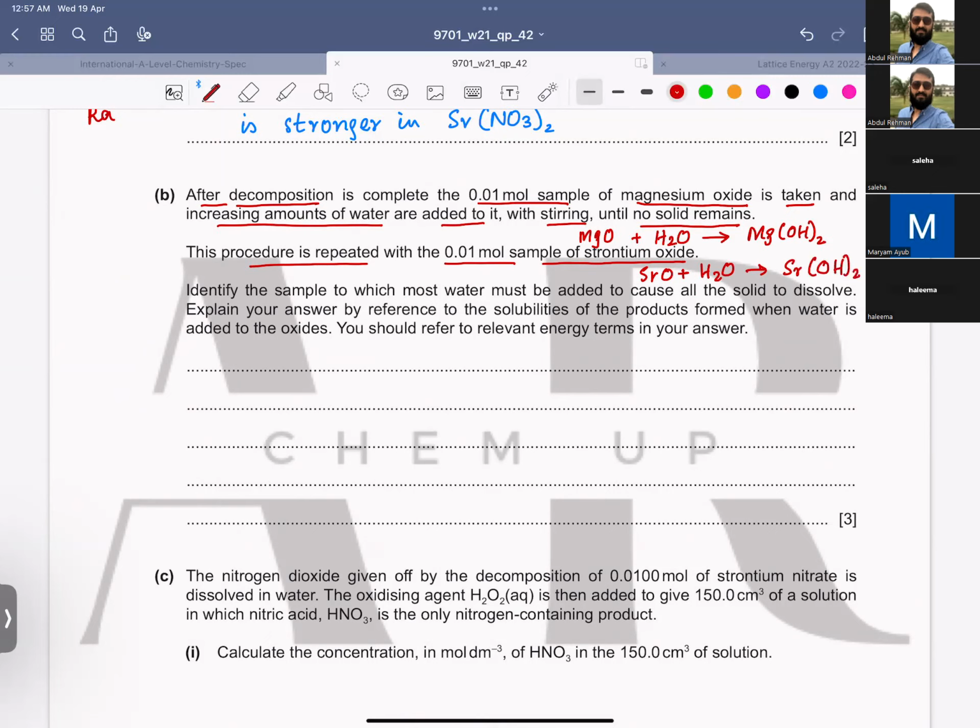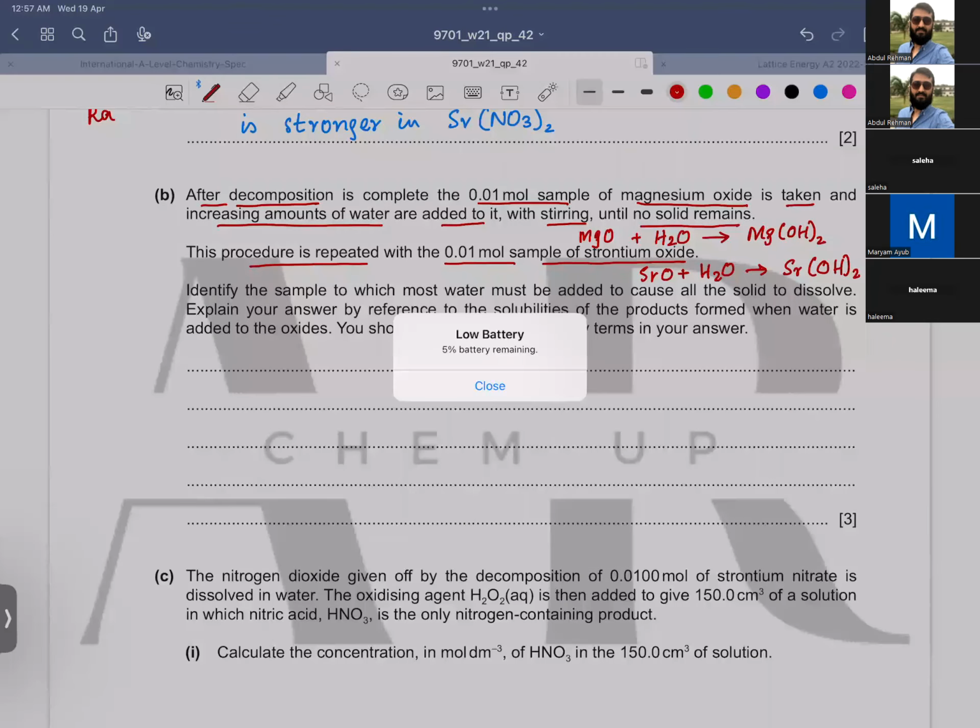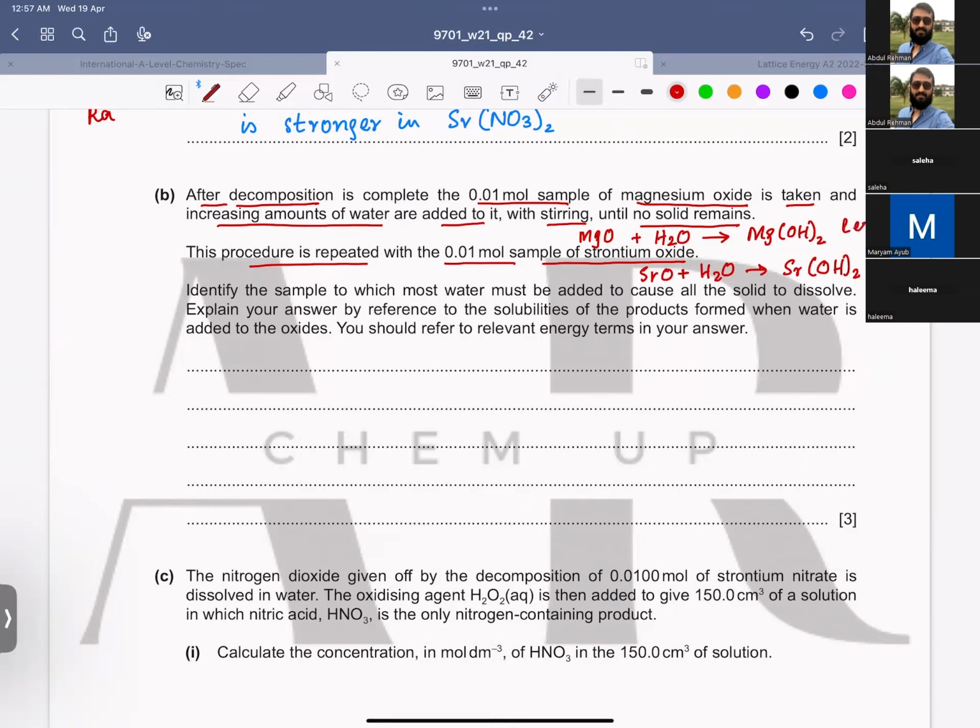So if you recall the solubility of group 2 hydroxides, the solubility of group 2 hydroxides increases down the group, which means magnesium hydroxide is less soluble and strontium hydroxide is more soluble.